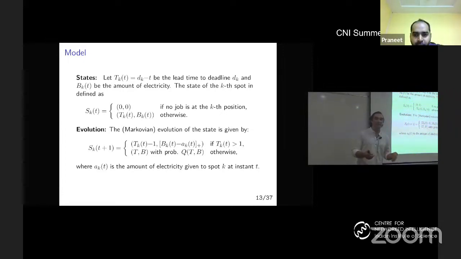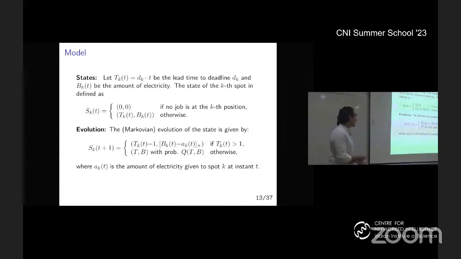We cannot just give electricity to the one with the shortest deadline, because there is also the amount of electricity remaining. So we actually don't know what to do there. Even if all the stations, all the spots are symmetric and so on, this problem is actually NP-hard.